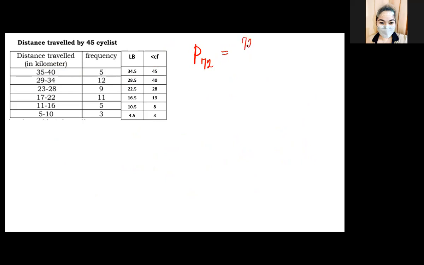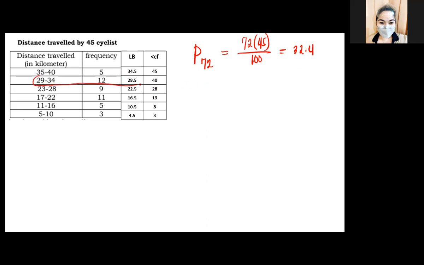It is located in 72 times 45 divided by 100. Ano magiging value niyan? 32.4 po. That is 32.4. Saan siya included?